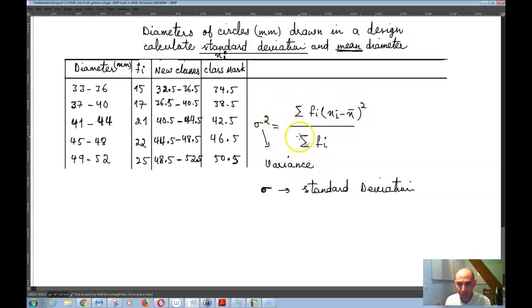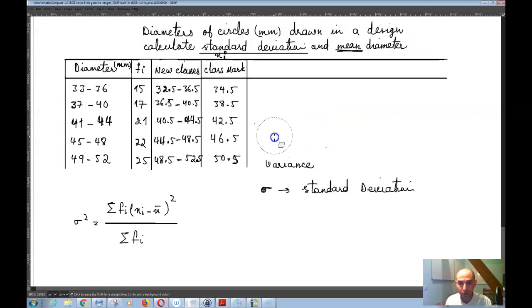Now let me write down this formula here. Sigma squared is equal to sigma f of i times (x of i minus x bar) whole squared, divided by sigma f of i. So first we need to calculate x bar.